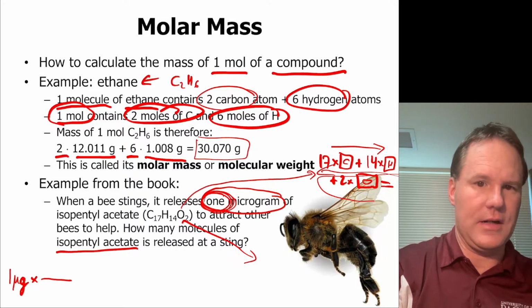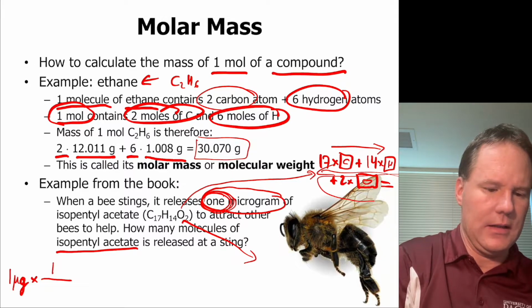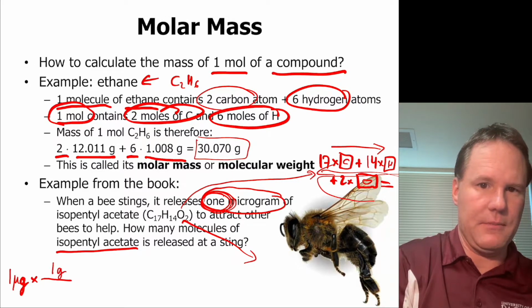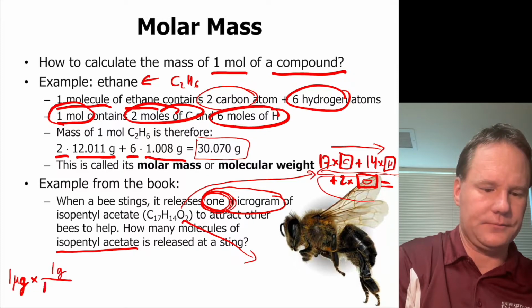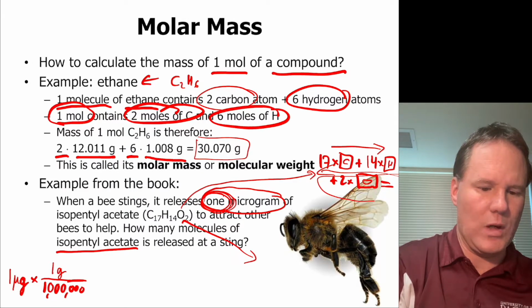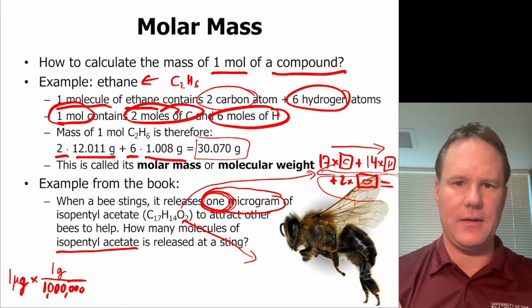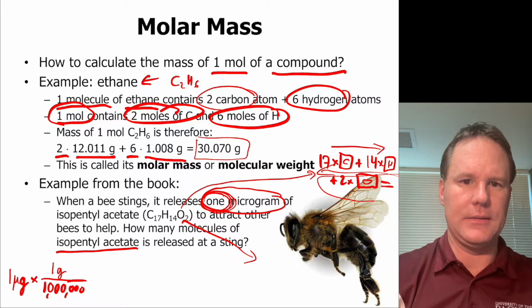We want to convert it to grams, and so 1 gram is how many micrograms? Remember, micro is 10 to the negative 6, so it's 1 million. So 1 microgram would be 10 to the negative 6 grams.